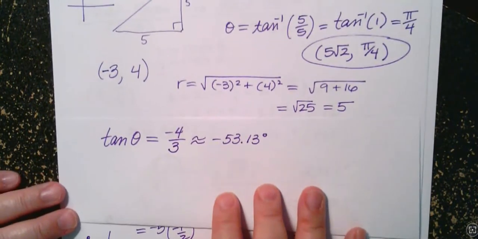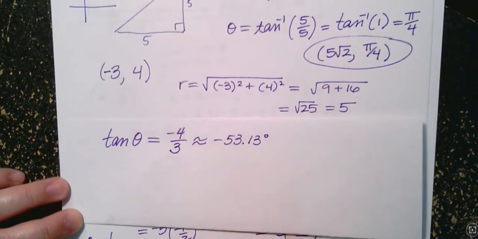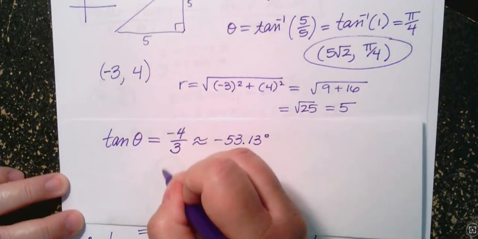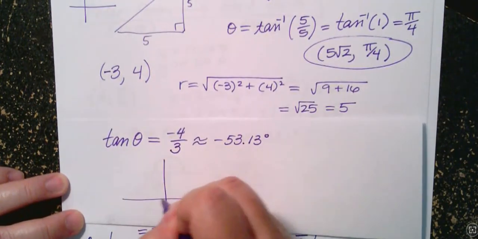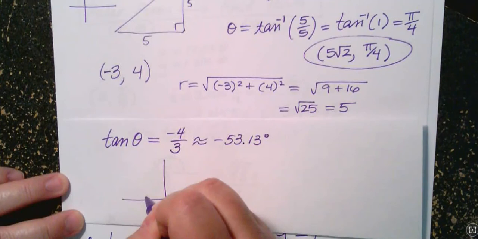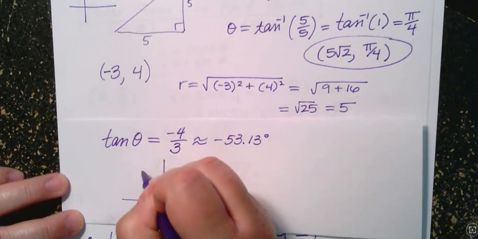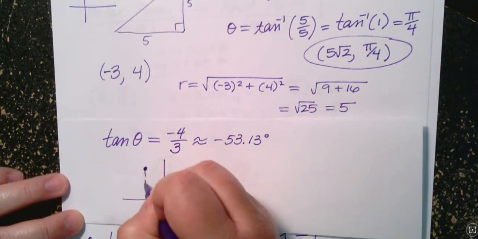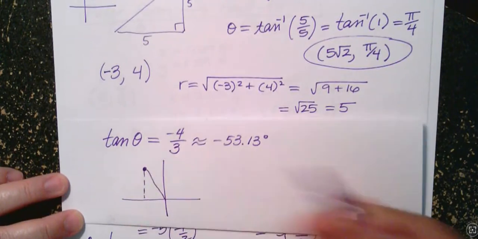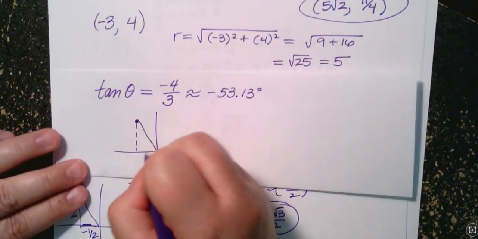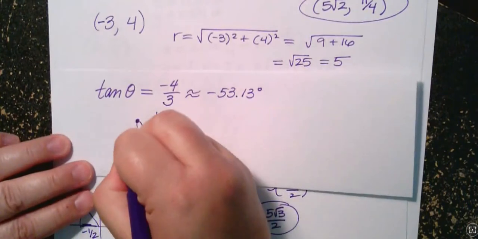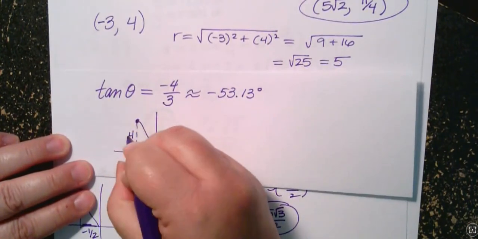Here's the problem. I have to really think about where that's going to be and what it means. First thing I need to think about is where the point negative 3, 4 is. Negative x, positive y, it's in the second quadrant. Okay, so we're saying the tangent is 4 over 3, opposite over adjacent.